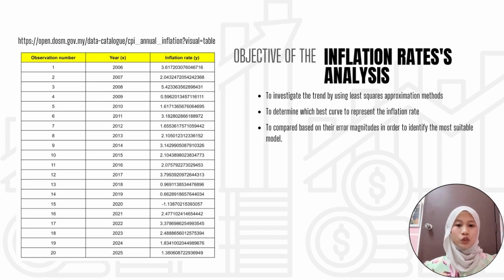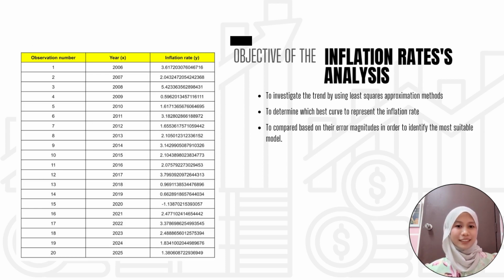Linear, quadratic, and cubic models are developed to determine which is the best curve to represent the inflation rates data. The accuracy of each model is then compared based on their error magnitudes in order to identify the most suitable model for approximating the inflation trend over the selected period.